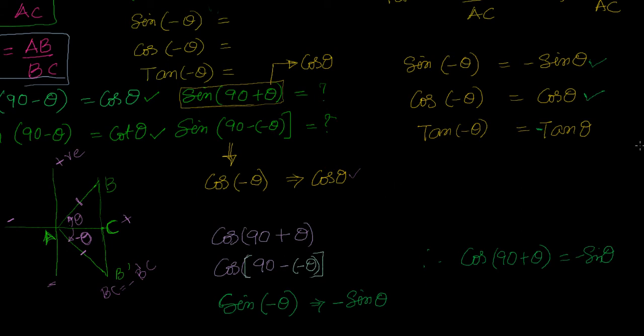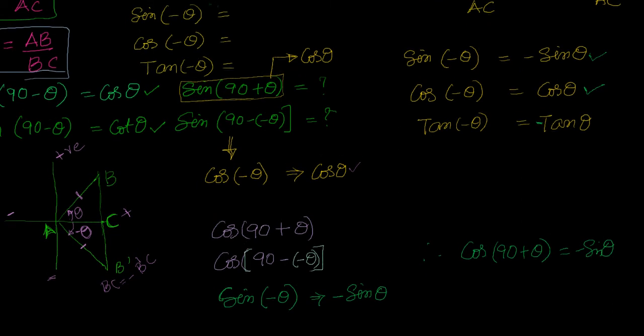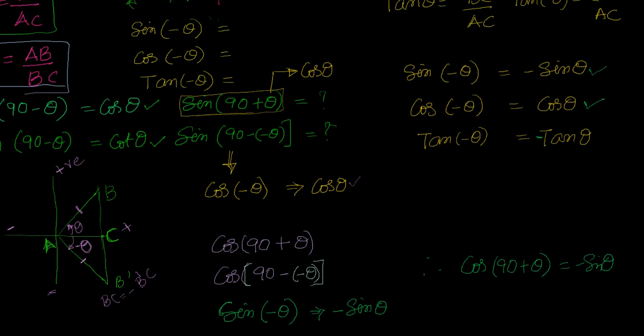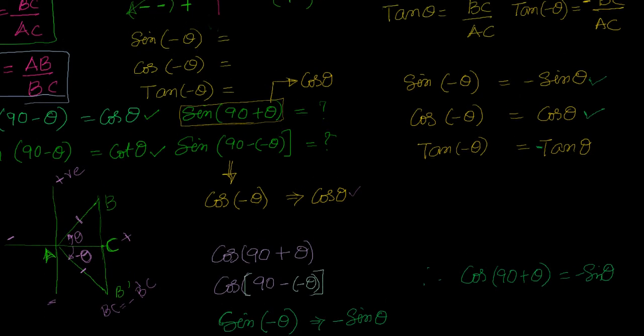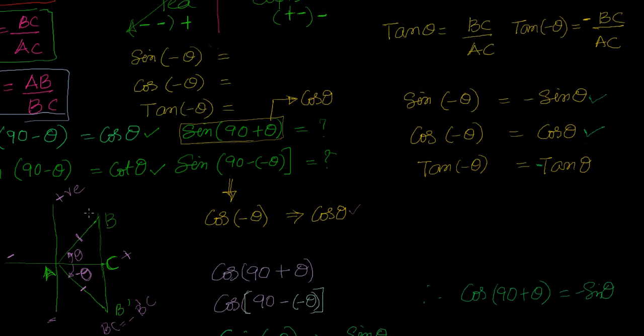Now at the end, we know that cos of minus theta is cos theta and sine of minus theta is minus sine theta, and the fundamental reason behind that is cos is positive in both the cases, because this is the first and fourth quadrant.